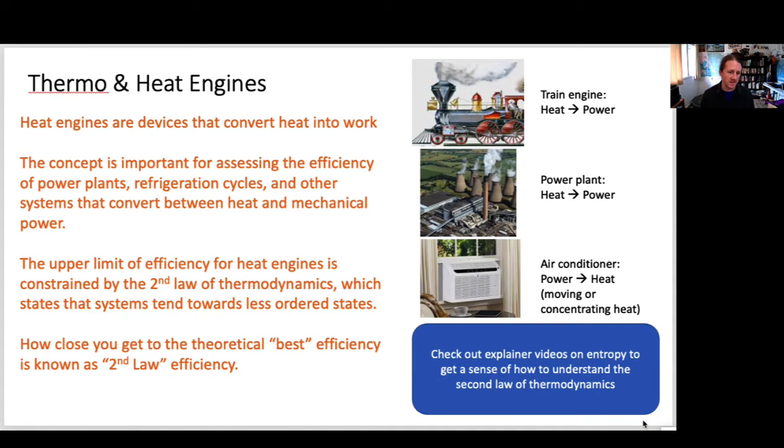All of these are heat engines, and the upper limit of efficiency for any heat engine is constrained by the second law of thermodynamics, which tends that systems tend toward less ordered states. So systems will tend towards disorder. And how close we can get to this theoretical best efficiency is what we call the second law efficiency.